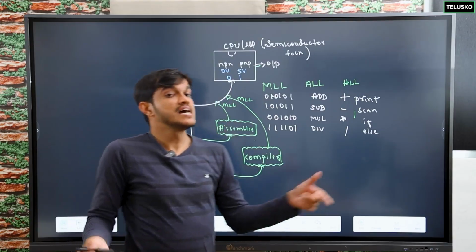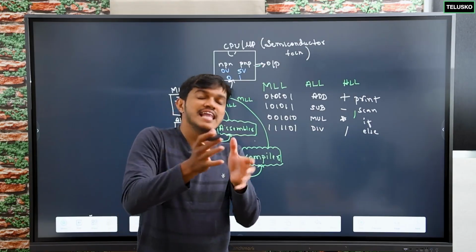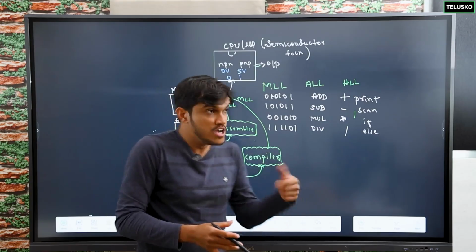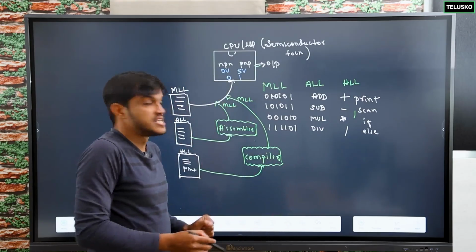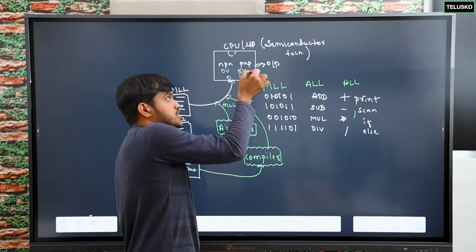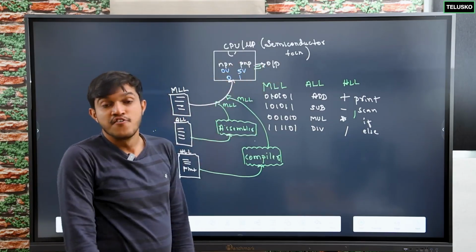Such a system software which converts high level language into machine level language or binary code which our machine understands. And if you give this zeros and ones binary code to your machine, will it give you the desired result? Yes.